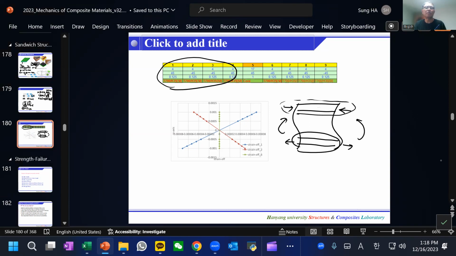So this one is 1, 2, 3, 4, and under compression, to eliminate the shear, this has to be itself symmetric. See, this is minus 45, minus 45, and 45 and 45. So under compression, this is well balanced, and this is well balanced.